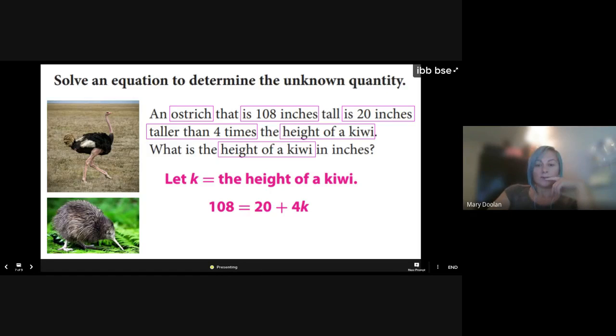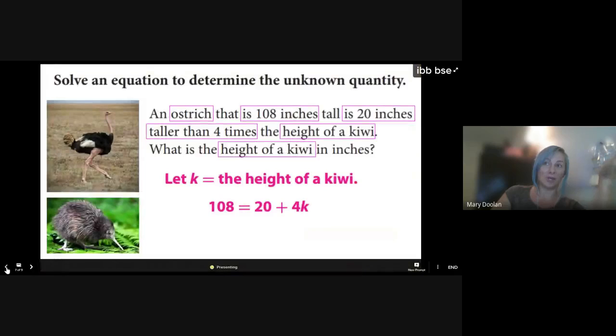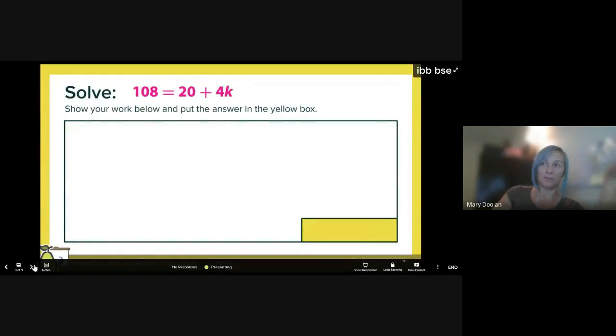Let's see here real quick. If I go forward, yes. All right, it's your turn. So here's our equation, just from the last slide. It's 108 equals 20 plus 4K. You're going to solve that equation and put your answer in the yellow box.